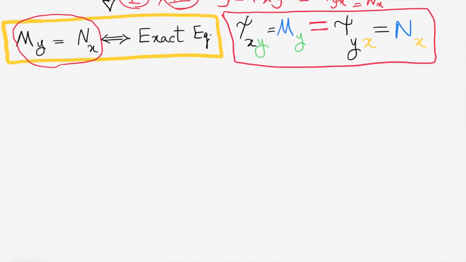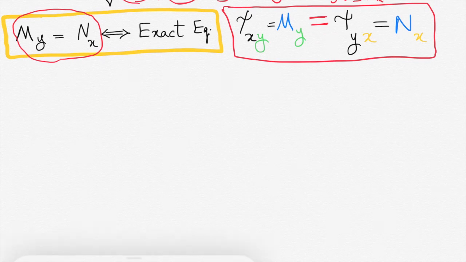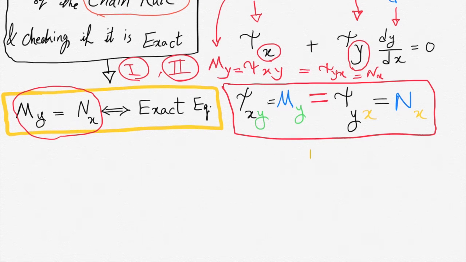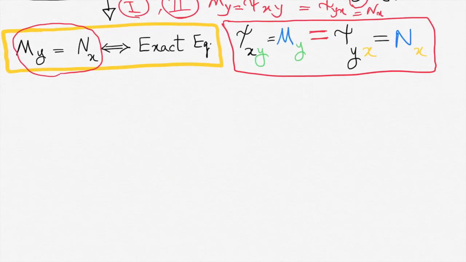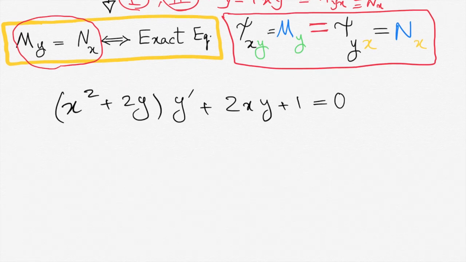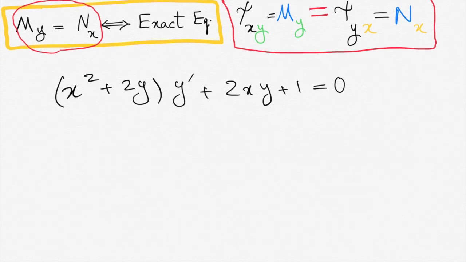Let's say that for instance we face a function like this: x squared plus 2y, times y prime, plus 2xy plus 1, is equal to 0. We have this differential equation.